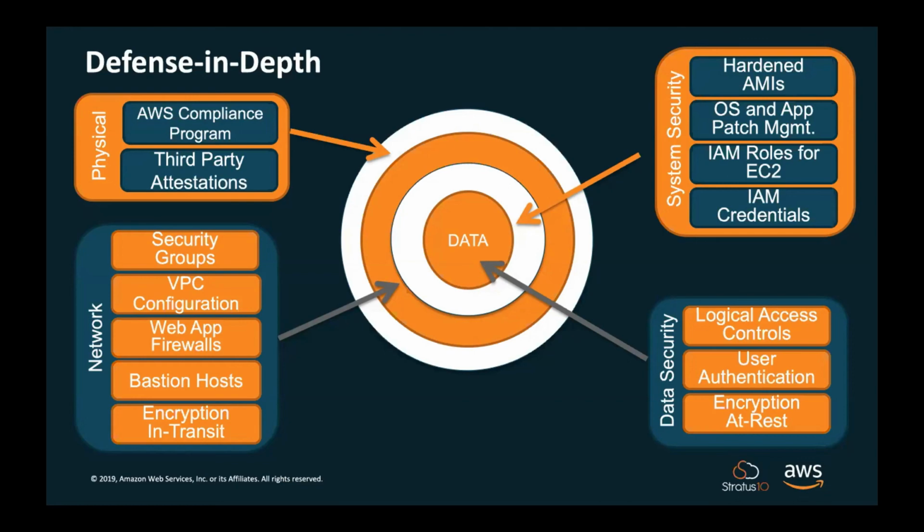And then AWS is going to take care of the physical and underlying cloud infrastructure for you. Putting those all together really gives you a great security profile that you can use to be confident in your configurations.